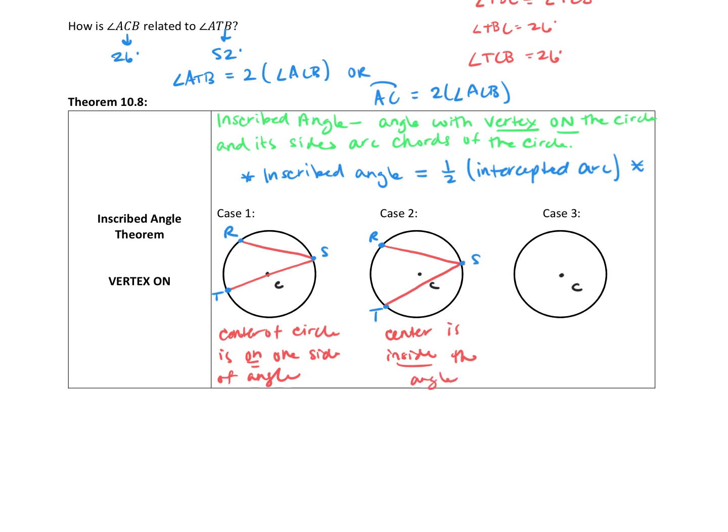And then the last way that this could play out is maybe that the center of the circle is outside of your angle. So here's R, S is the vertex, and T. So the center could be outside the angle.